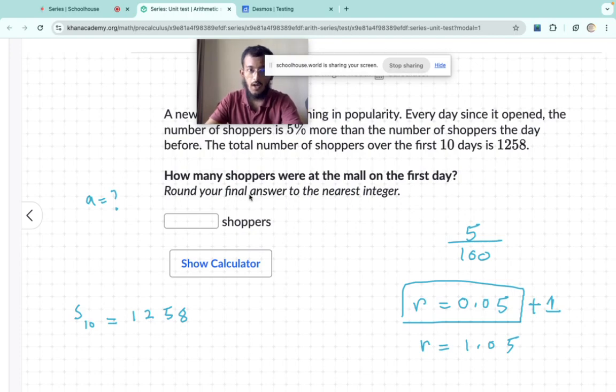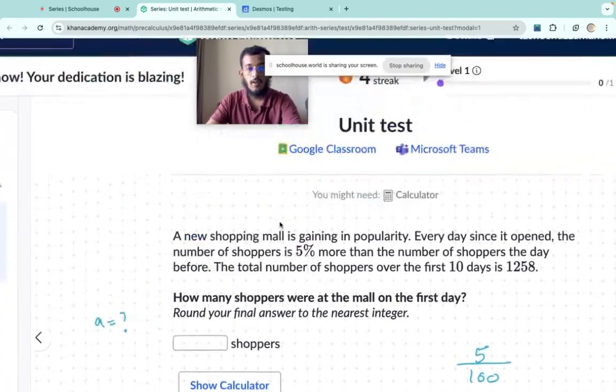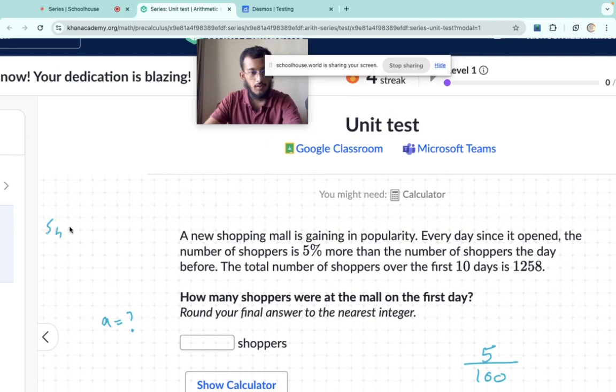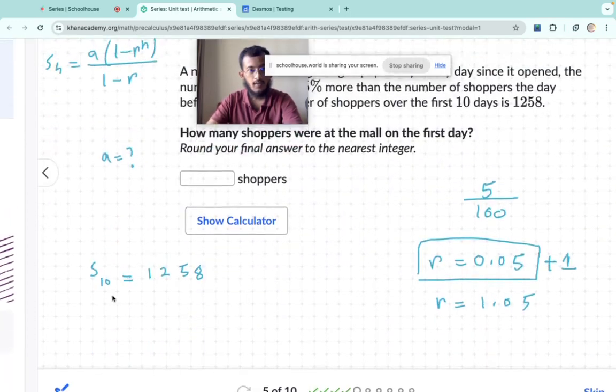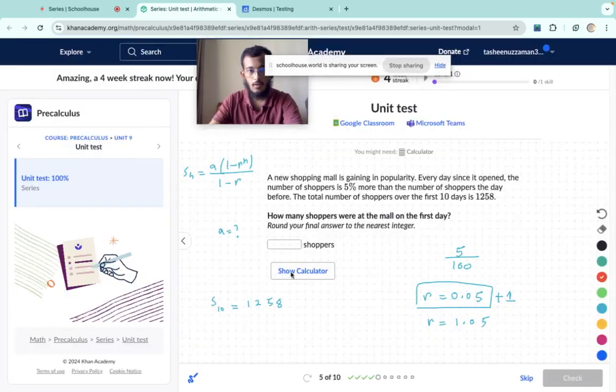We have to round our final answer to the nearest integer. So we know the formula for Sn, which is equal to a times 1 minus r to the power n, over 1 minus r.